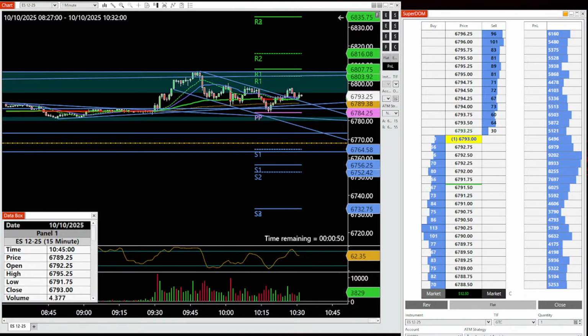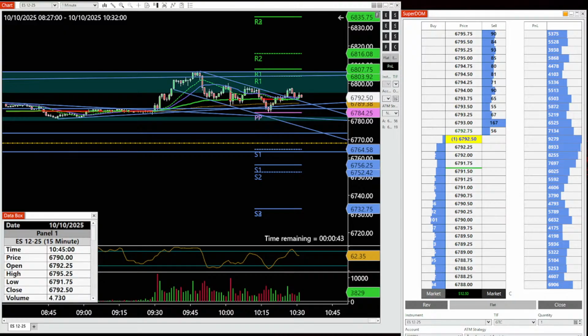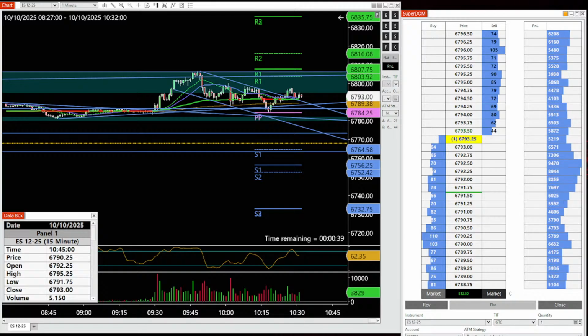Looking at the 15-minute bar, point of control is around 91, and support is around 90, 88, 89, 88, 89.